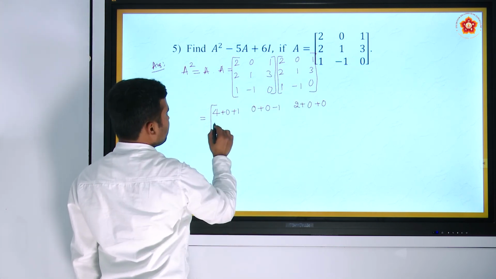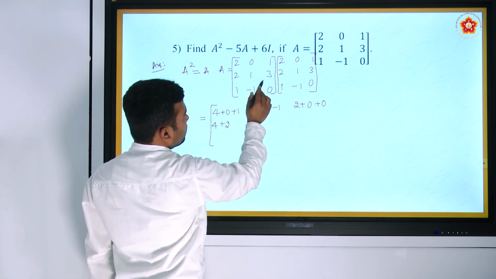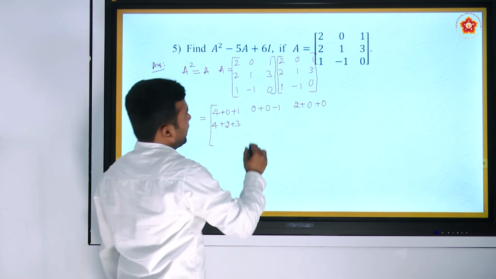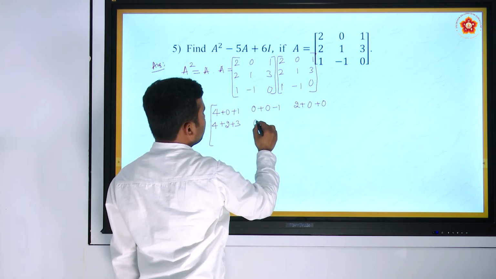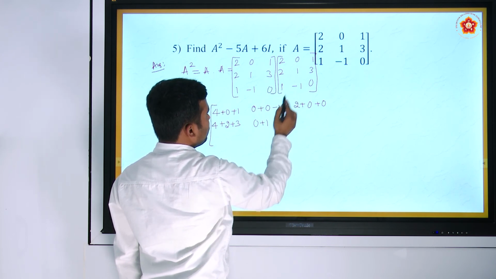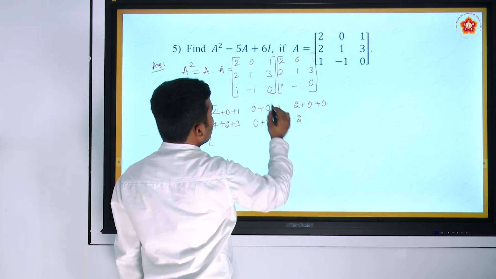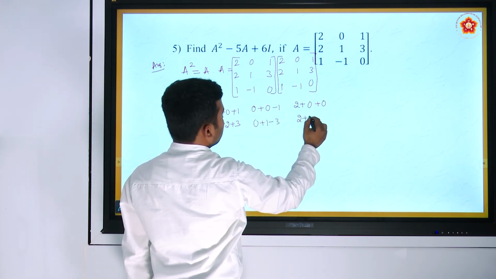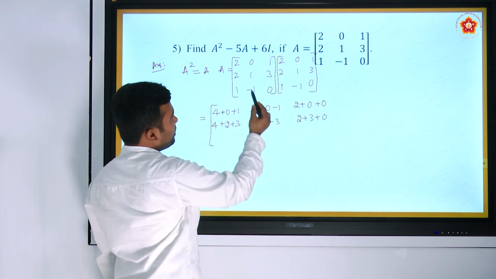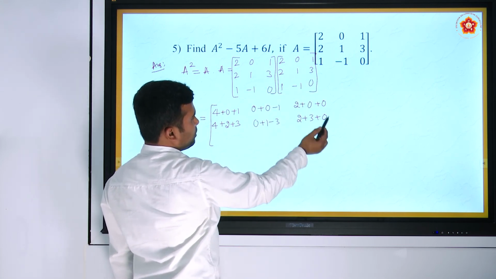2 into 2 plus 1 into 2 plus 3 into 1. Next, 2 into 0 plus 1 into 1 plus 3 into minus 1 is minus 3. Next, 2 into 1 plus 1 into 3 plus 3 into 0 is 0. Understand? 2 into 1 is 2 plus 1 into 3 is 3 plus 3 into 0 is 0.